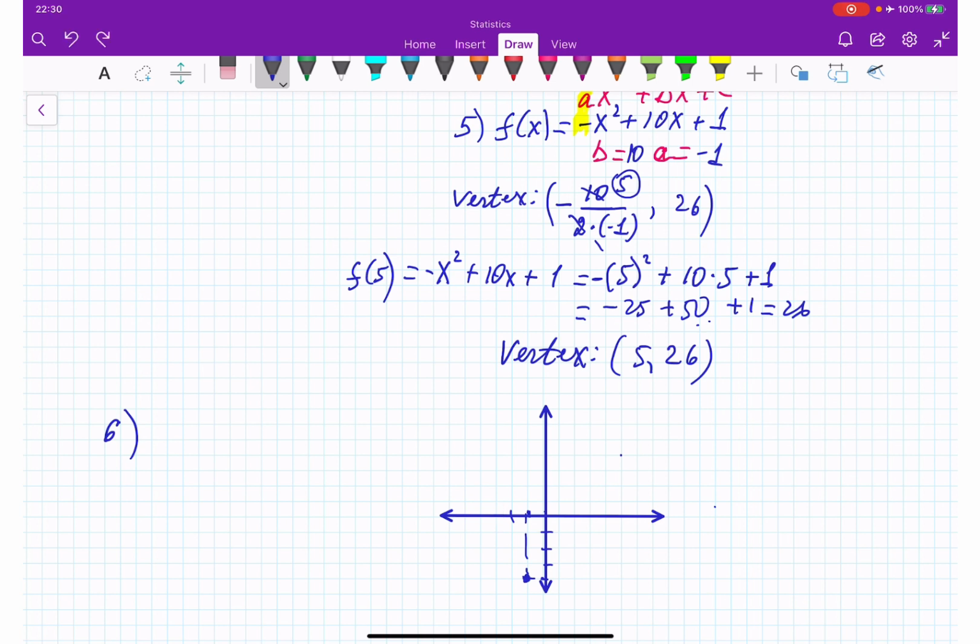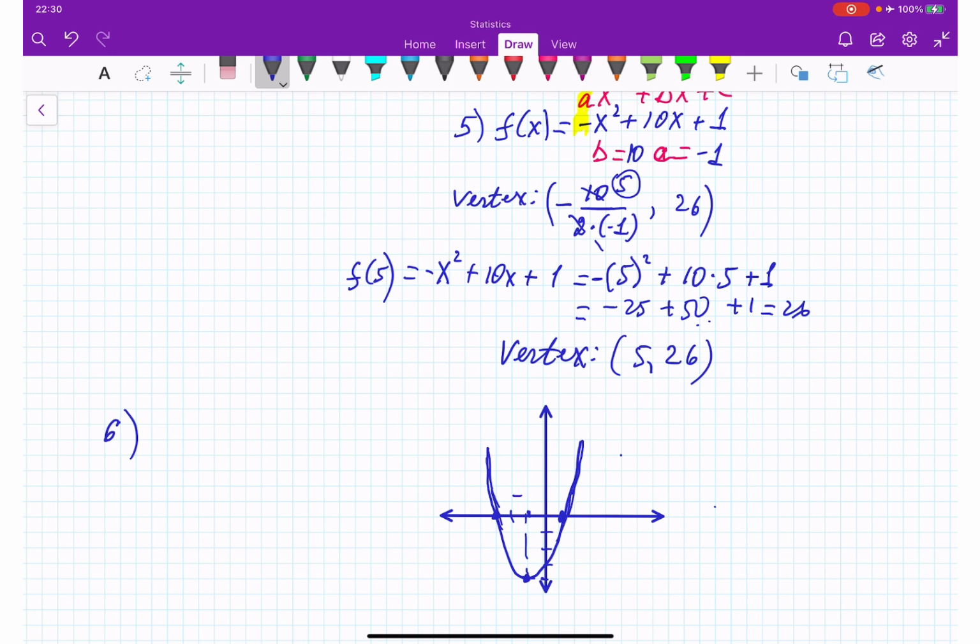Let me see. This is going to be 2, 1, 2. So the graph is going to go like this. This is my graph.